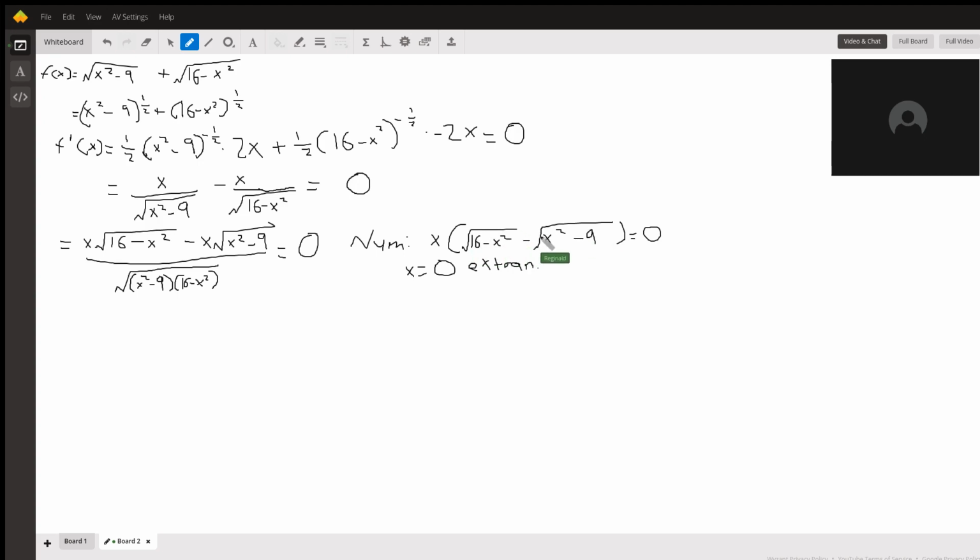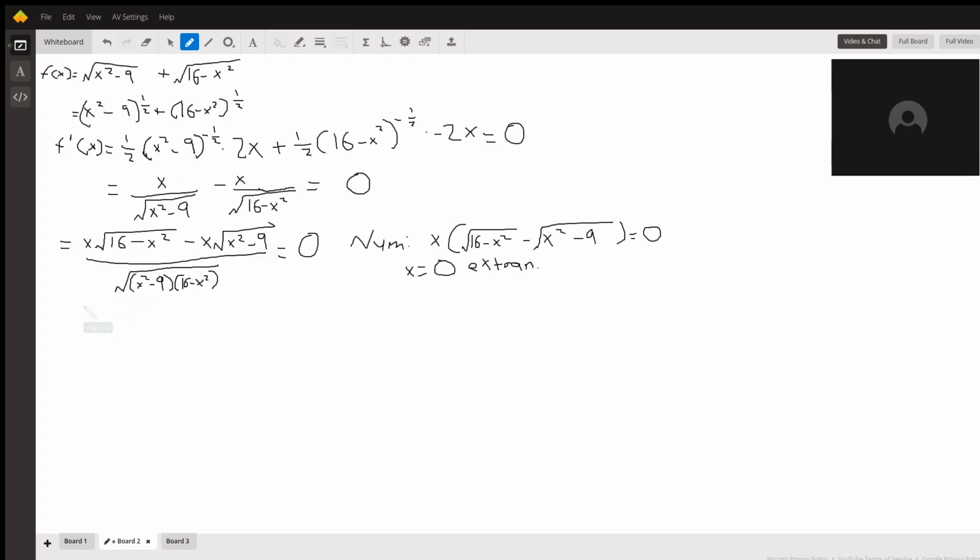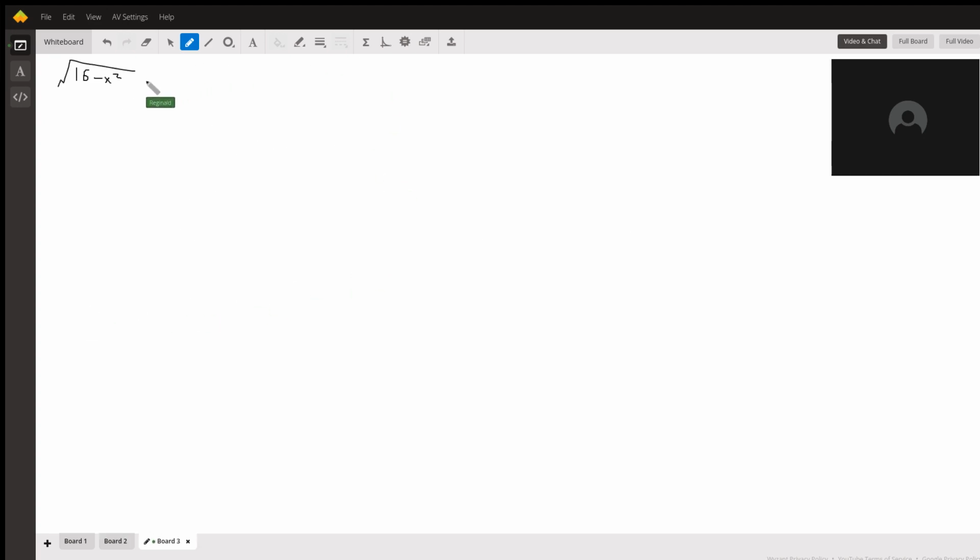So let's look here. So I'm going to go to a new board. We get the square root of 16 minus x squared minus the square root of x squared minus 9.